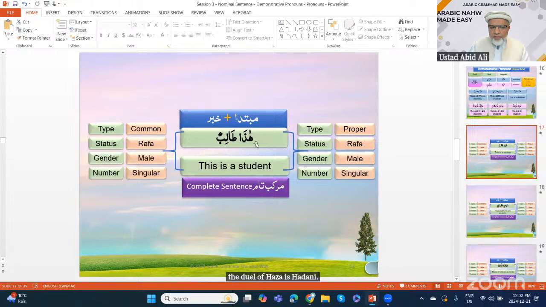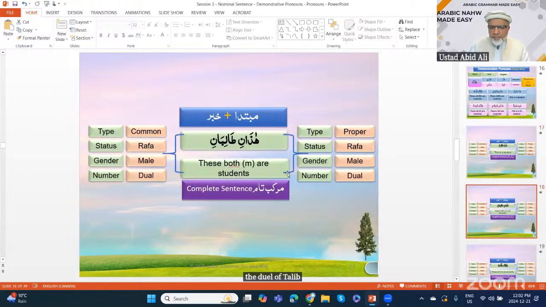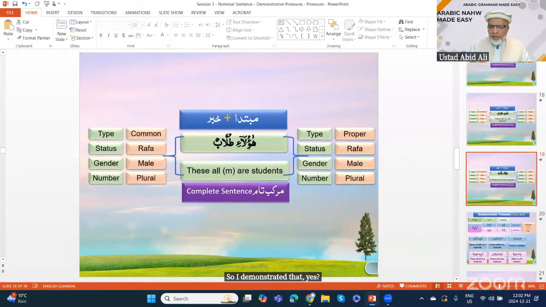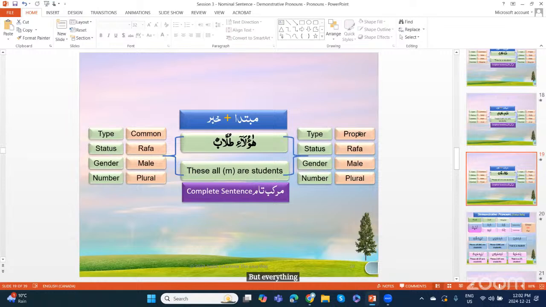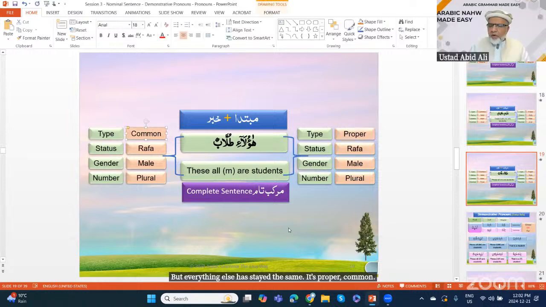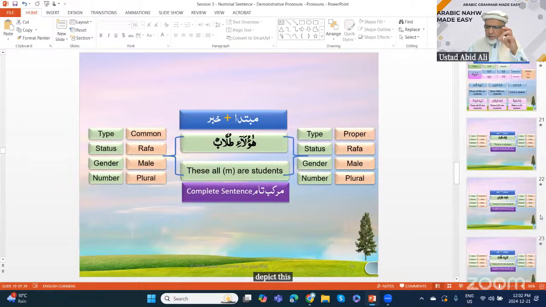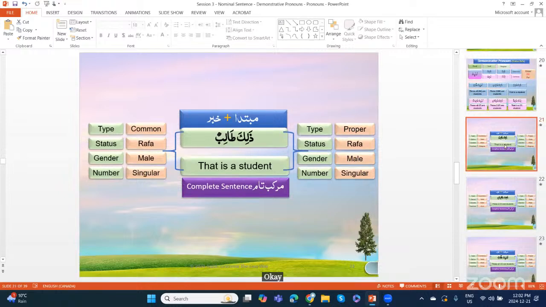The dual of Talib is Talibani. And Haulai is the plural, then Tullabun is plural. But everything else stayed the same. It's proper, common. That's how I'm trying to implant this concept in your head. Okay, shukran.